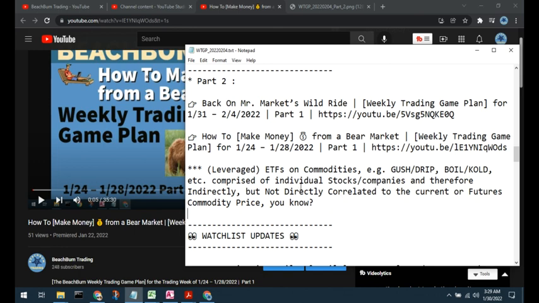They're comprised of individual stocks or companies. GUSH and DRIP are oil and gas exploration companies, and BOIL and KOLD are natural gas stocks and companies. If those individual stocks don't move exactly at the same time as the commodity price, then these leveraged ETFs don't move.